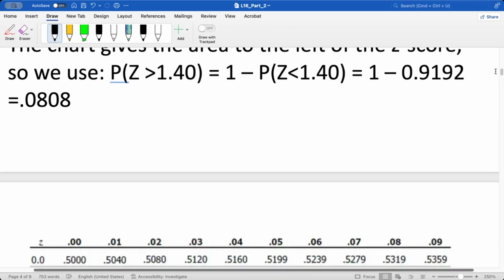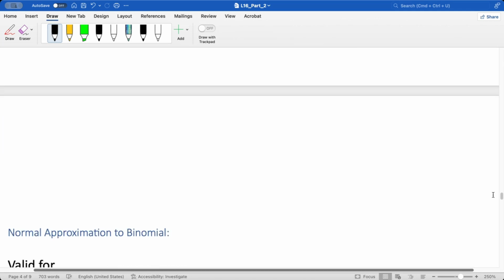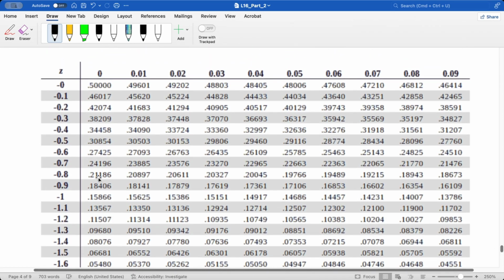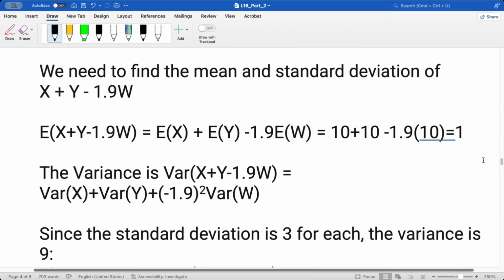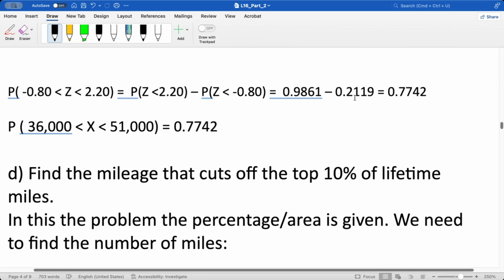And then we're going to look up the negative 0.80, which is 0.2119, rounded. We subtract those values to get the area in the middle, 0.9861 minus 0.2119, and that's 0.7742. So it's about 77%.